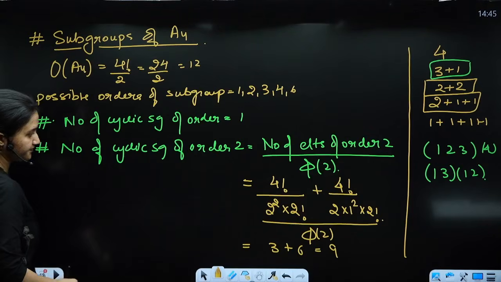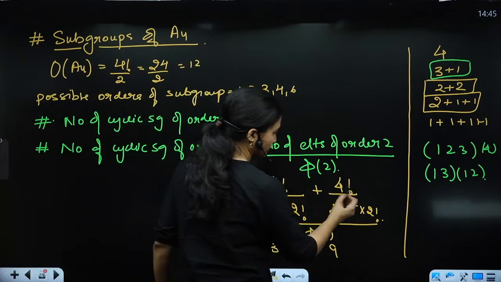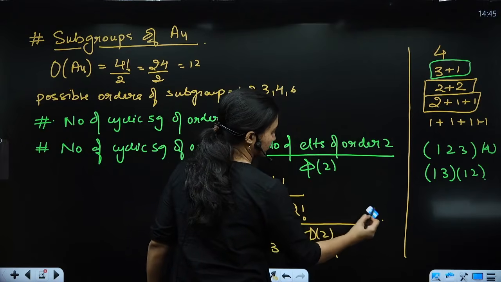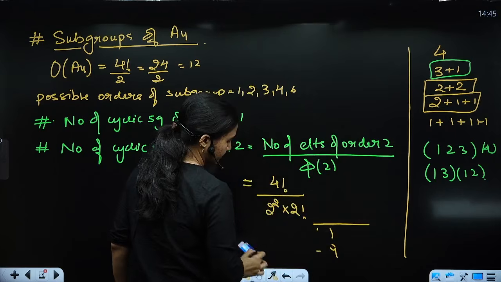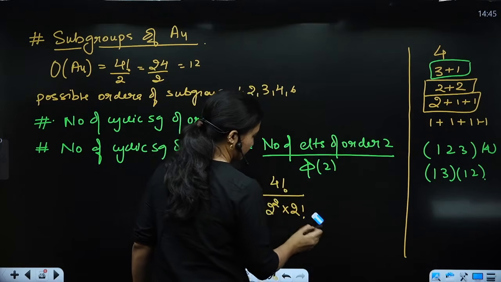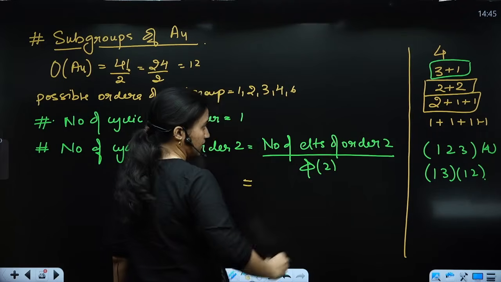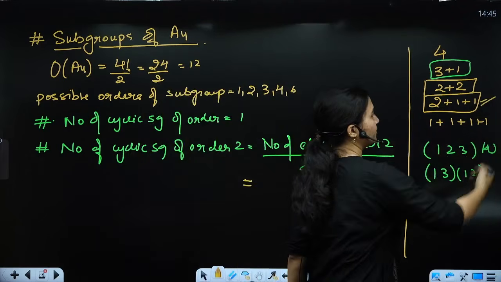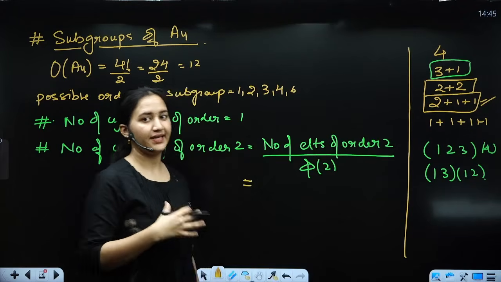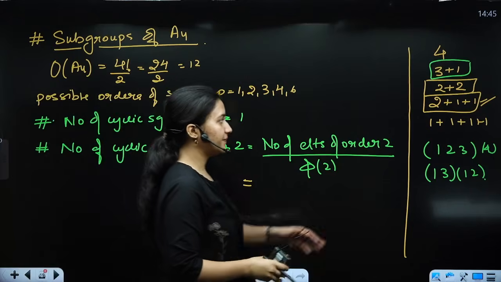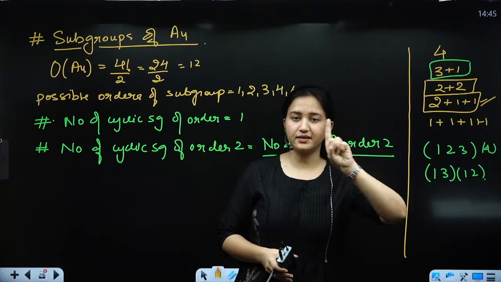Tiny error here. That is this part. Why? Because we cannot consider this cycle, because this is not going to belong here. These elements are not going to belong in A4 because it can be represented in the form of one transposition, right?